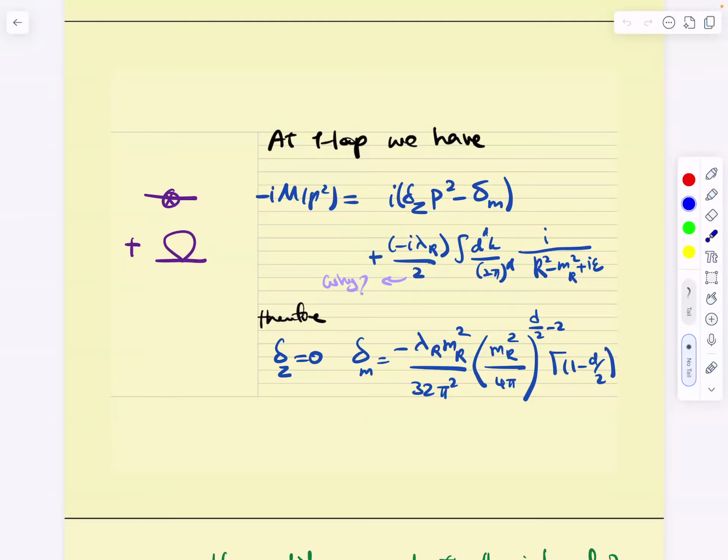Does it make sense? To establish a dictionary, you have to regulate, so you can write down explicit expressions for these delta z's, delta m's, and so on. But once you regulate it, you do a calculation, and all sorts of different higher loop calculations, right? Or no, it doesn't have to be higher loop.